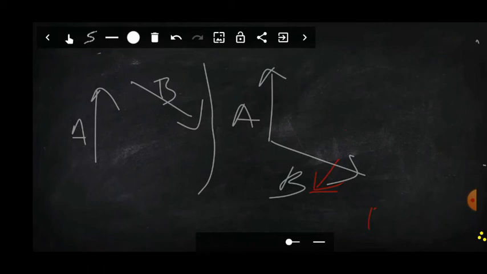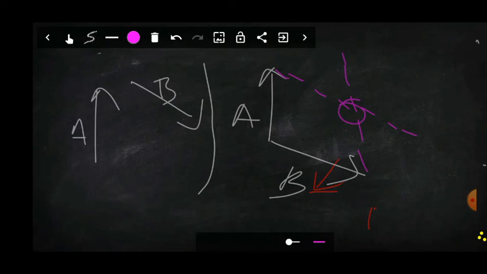Next we have to construct it as a parallelogram. How can we construct it? Draw a line parallel to B from the head point of A. Parallel to B, draw a line from the head point of A. And another one we have to draw from the head point of B, parallel to A. That gives the parallel vector for A. Now we obtain the intersecting point.